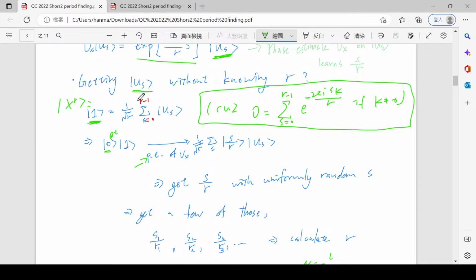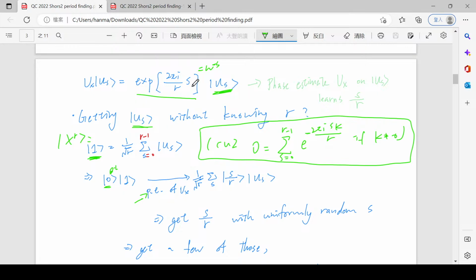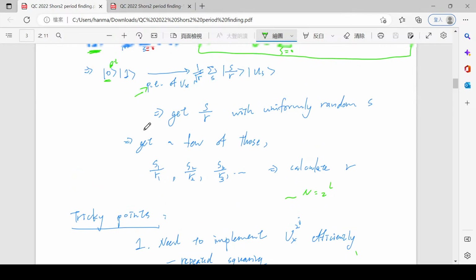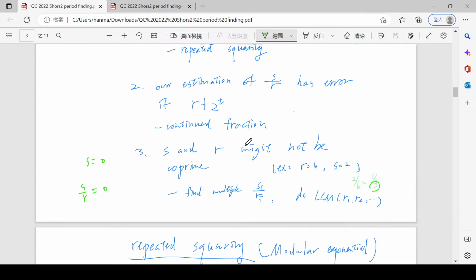You are drawing every s with 1 over r probability, and once you get s, you get the corresponding phase, which is s over r. If you draw enough of them, you can calculate r from this.